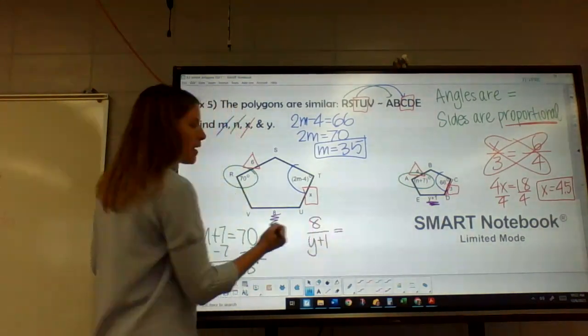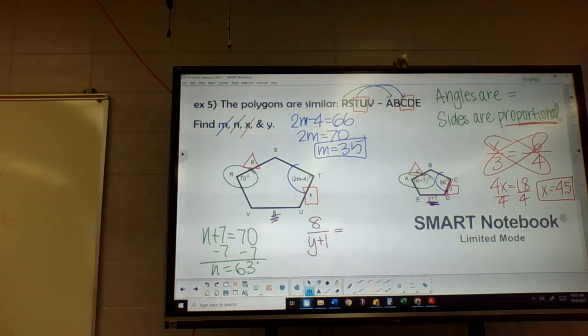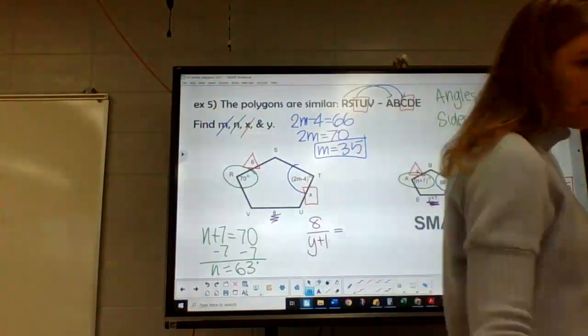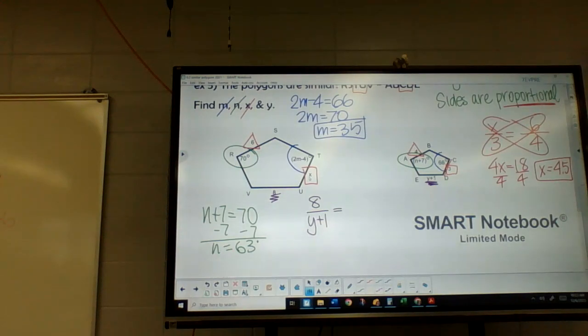If that's the way I wrote my first fraction, how does the second one have to look? What's the second one going to look like, you guys? Don't be afraid to use something again. 6 over 4. Yeah, 6 over 4.